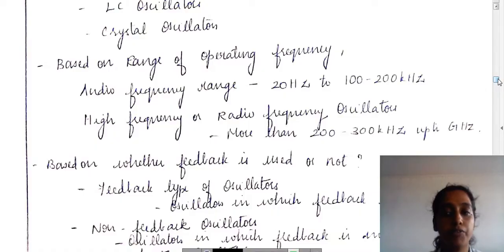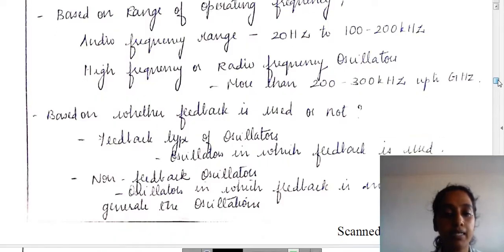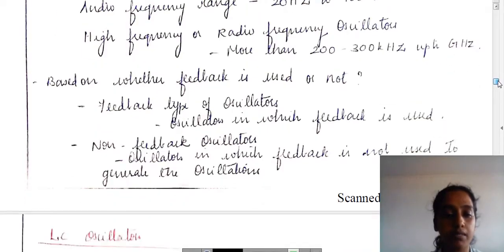Then, based on whether feedback is used or not: feedback oscillators use feedback, and non-feedback oscillators do not use feedback. So these are the different classifications of oscillators.